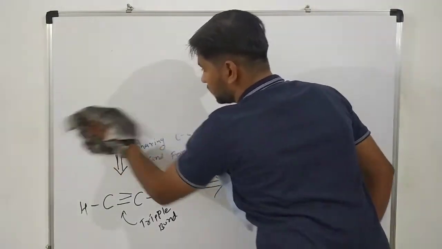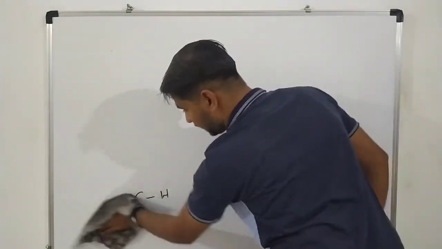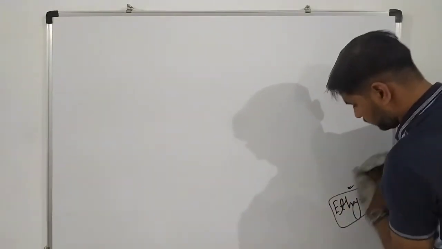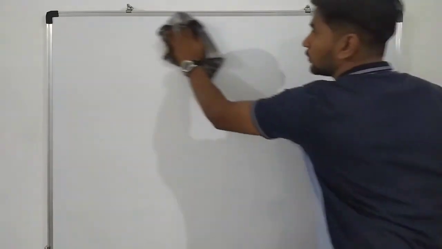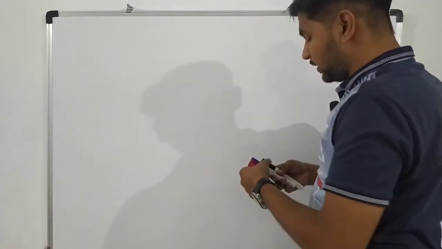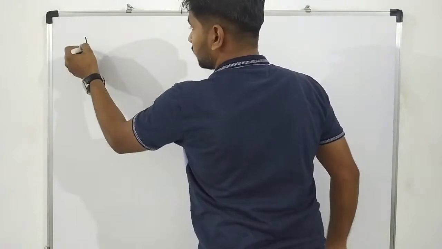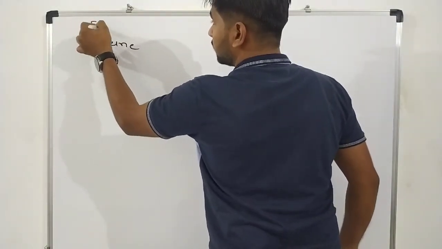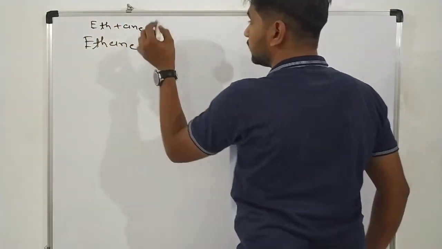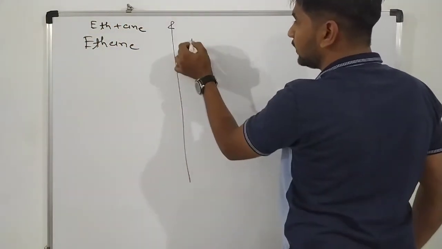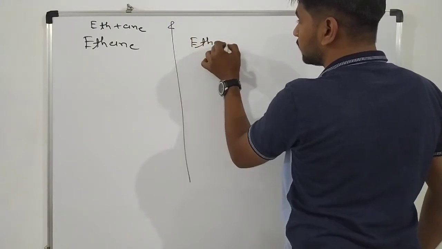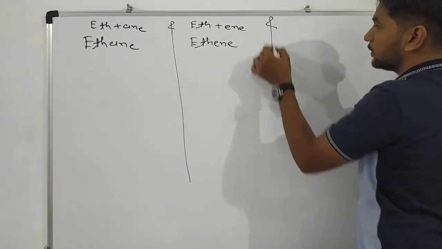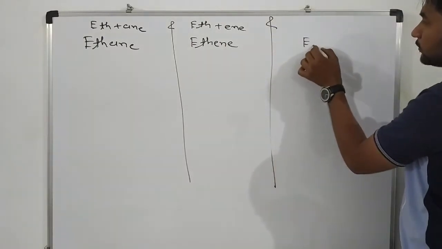Very easy, dear students. Ethane, ethene and ethyne. First we see ethane. It is eth plus ane. Second ethene. It is eth plus ene. Last ethyne.